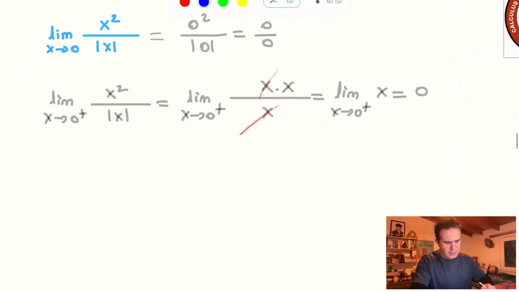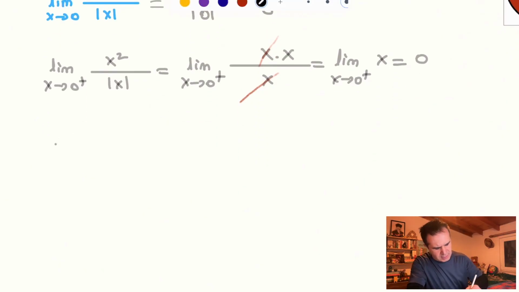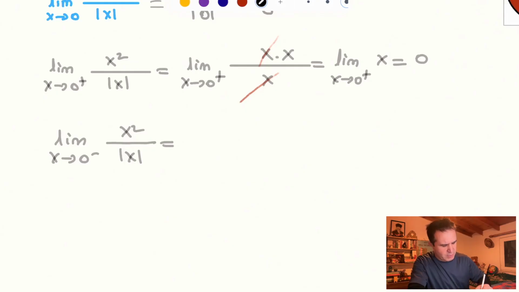And for negative x, limit as x approaches 0 from the left hand side, x squared divided by absolute value of x will be equal to limit as x approaches 0 from the left hand side. For negative x, absolute value of x equals minus x here.